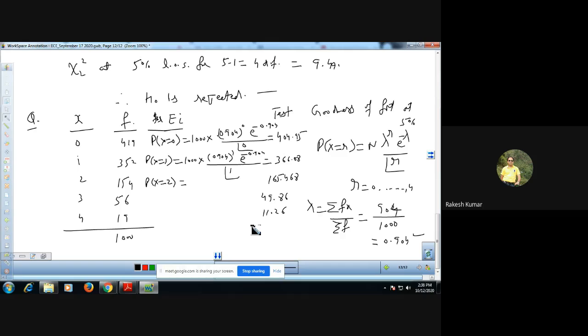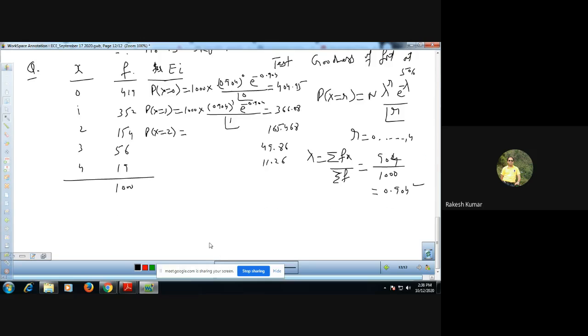Now you can round off the values and see the total. If the total does not come out to be 1000, suppose in this case the rounded values are 405, 366, 165, 50, and 11. When we add the total, we are getting 997.